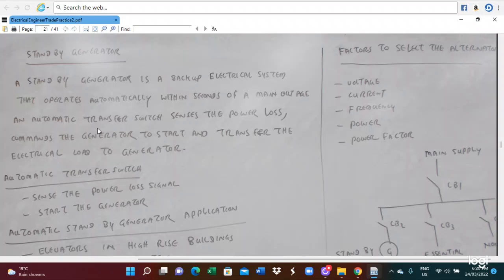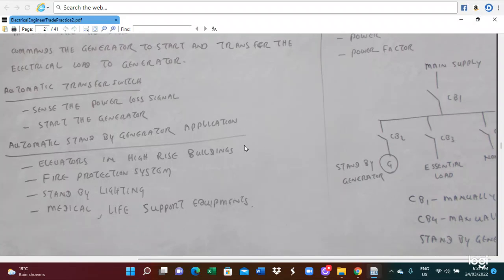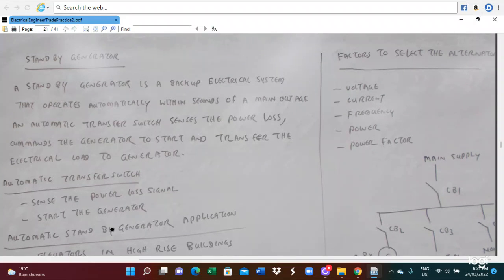So the automatic transfer switch senses the main power loss signal and starts the generator. So automatic standby generator applications are utilized for the elevator in high-rise buildings, fire protection systems, standby lighting, and medical life support systems. So this is the utilizing of the standby power.